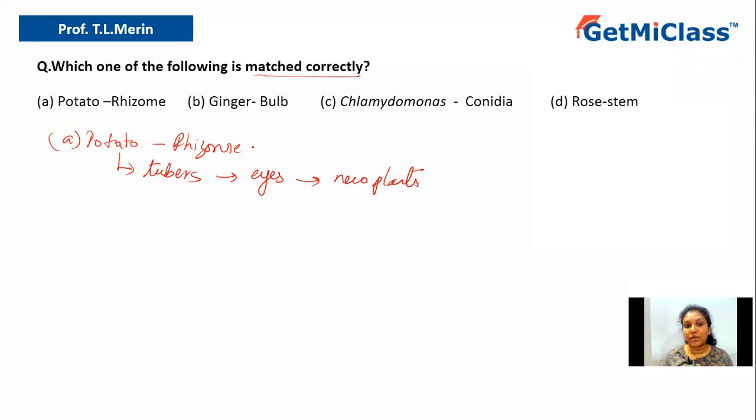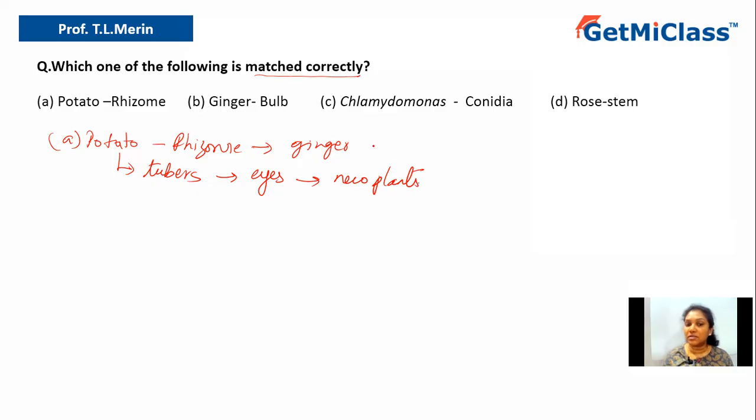Rhizome is again a type of modified stem, an underground stem. Even tubers are underground stems, but rhizomes are different from tubers. For example, in case of ginger, you can find rhizome, which is a modified fleshy stem consisting of the nodal region.